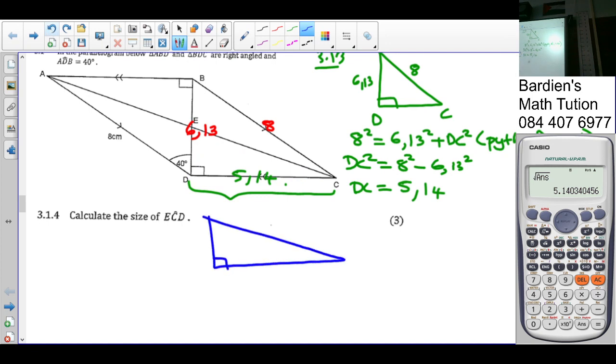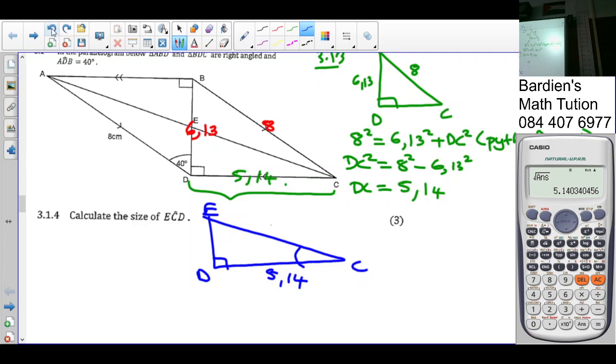We've got C and E. This is 5,14. To calculate the angle ECD, I either need this length here or that length here. Not so? You need one of those two lengths. Otherwise, if you had that angle, it would have been so much easier.